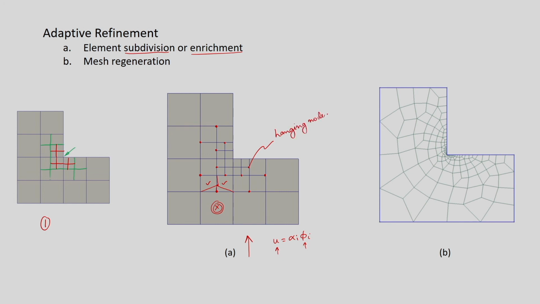These are defined only in certain elements. These do not have support in some of the other elements. So, the phi I corresponding to these nodes are not defined in some of the elements, and that is leading to a discontinuous u, or finite element approximation.